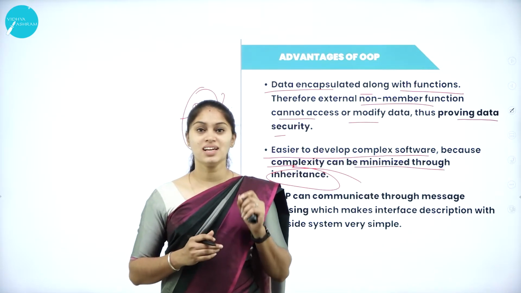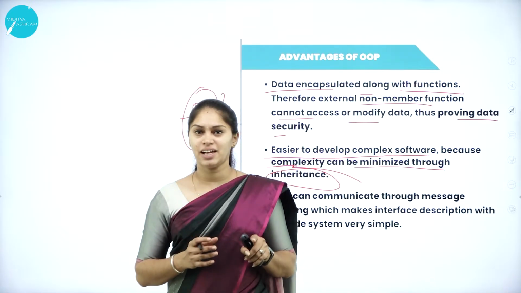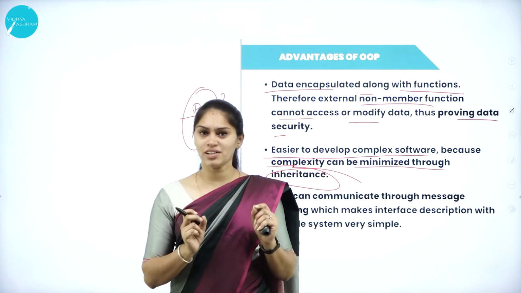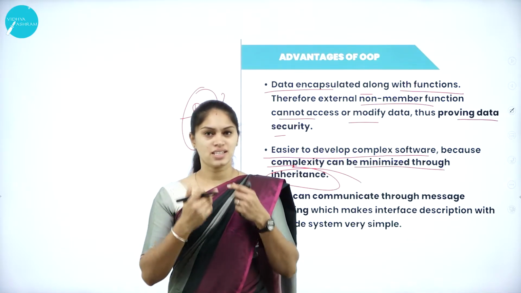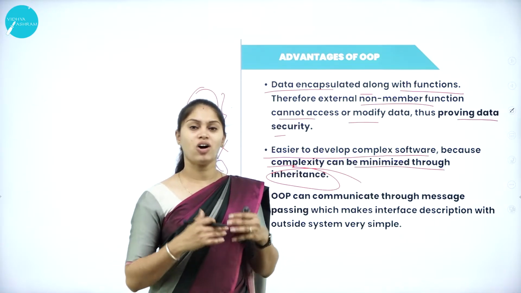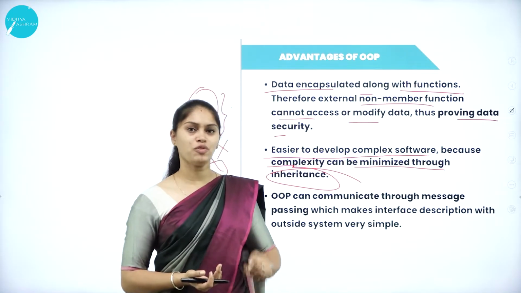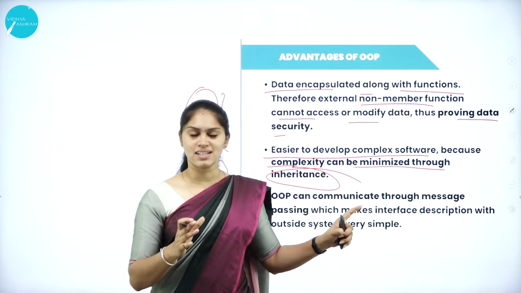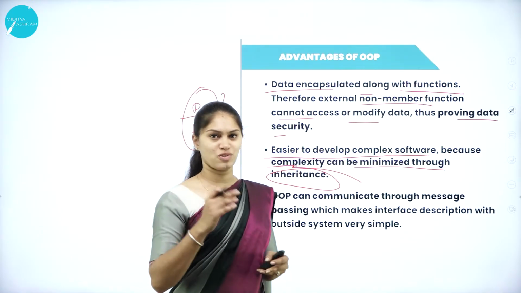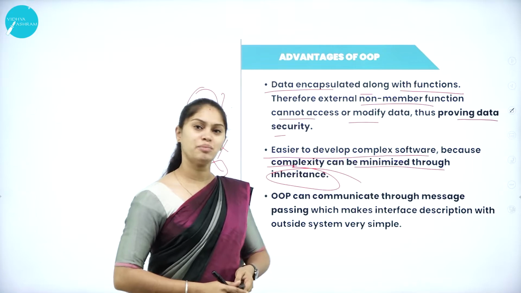So this is one of the advantages of using inheritance. Code reusability will be there and flexibility will be there. No need to write the same program or the same procedure again from scratch. We can directly use it, or we can acquire the features of an already existing class. So this can also be considered as one of the advantages of using object-oriented programming.